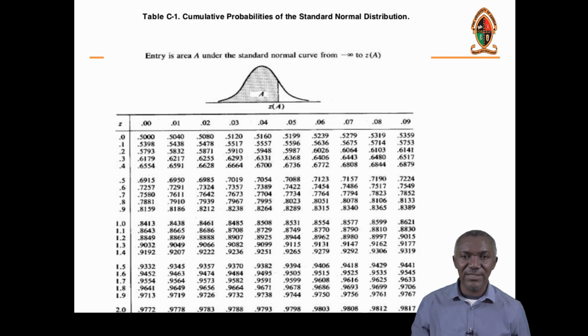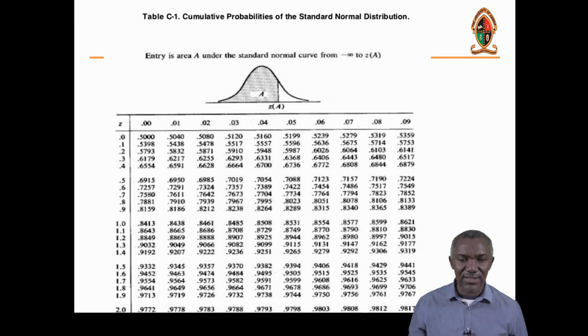Let me look at the one that is conventionally used. Normally we use the 95% confidence level. I told you that when we use the 95% confidence level, we are saying that two standard deviations of the observations lie below and above the mean. So 95% of the observations, according to the empirical rule, lie within two standard deviations of the mean.